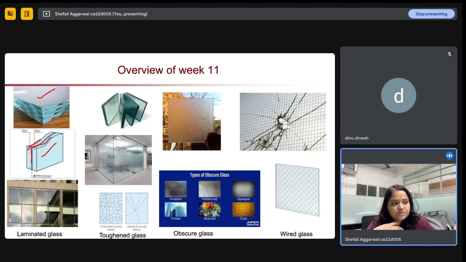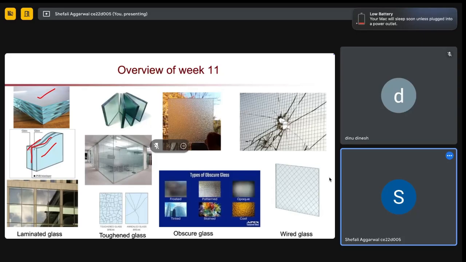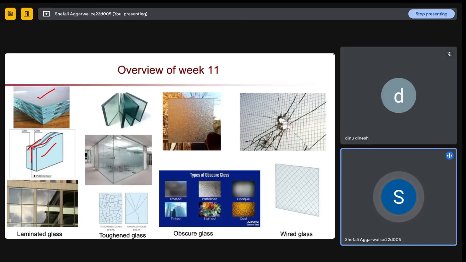The interlayer can be filled with glass wool or be a normal PVC type material. The PVB layer can be made of different elements based on what we need.